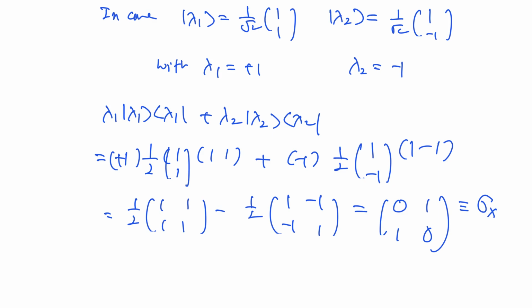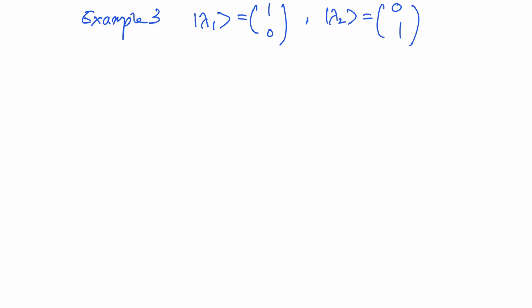Or we can set another different vectors. Example 3, when you have set one, the simplest case, lambda 1 is 1, 0, lambda 2 is 0, 1.